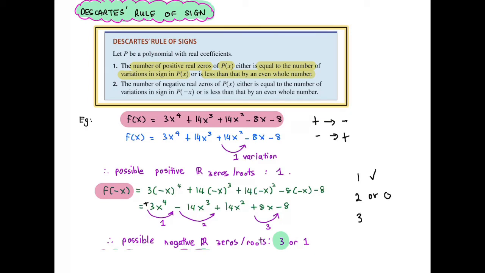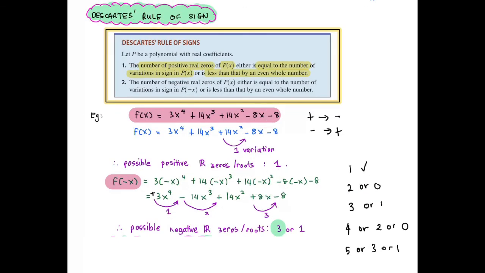If you have 3 variations, in our case like this, just minus 2, so this is 3 or 1. If you have 4, just minus 2, 4 or 2, minus another 2, or 0. If you have 5, it is 5 or 3 or 1. Okay, so this is what the formula says. If the number of variations is more than 1, you need to subtract an even number.